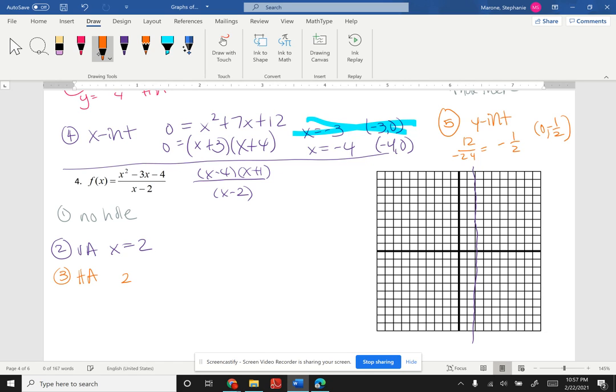So I'm going to divide because the degree of the top is greater than the degree of the bottom. This is the only case that you can divide. We don't need that remainder, so y is equal to 1x minus 1 is my slant.